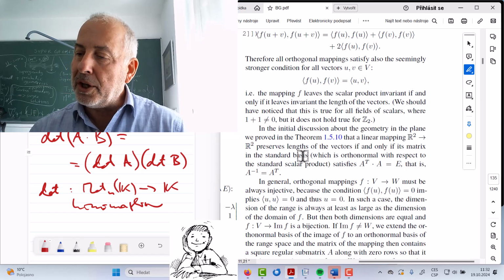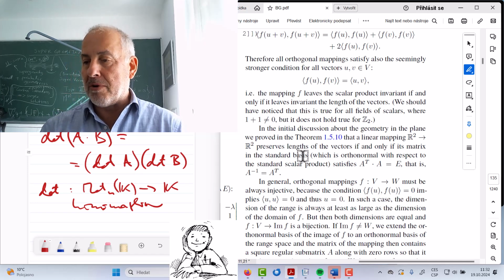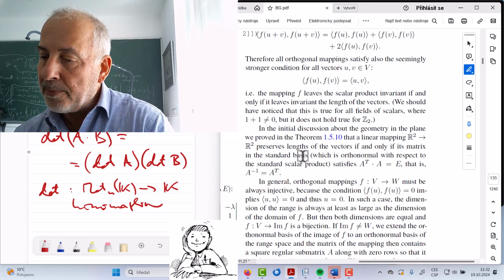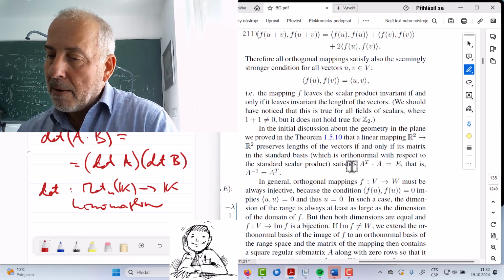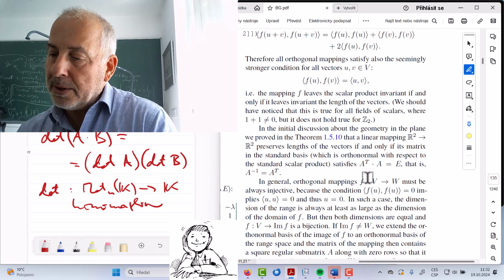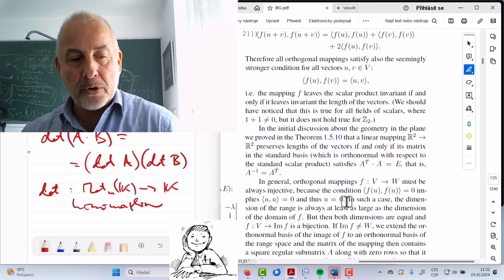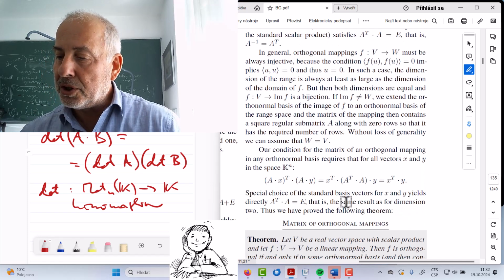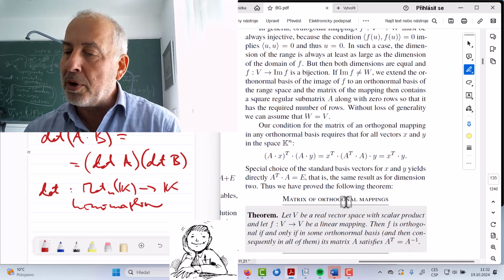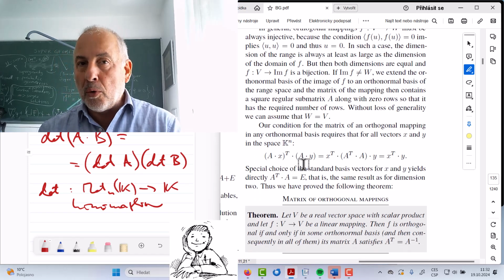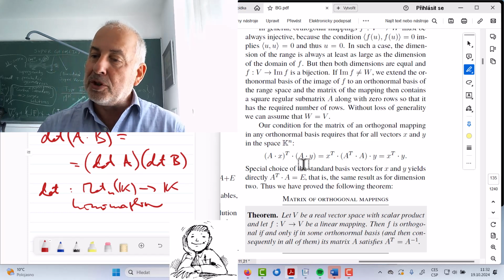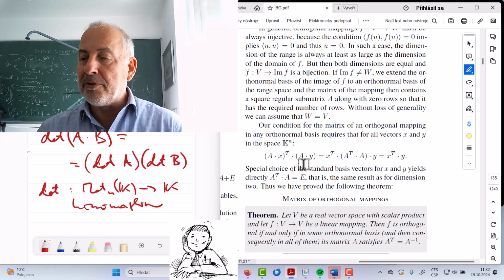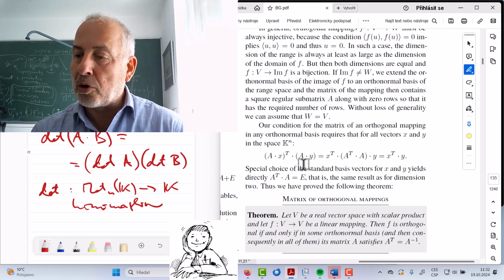If you look at the way how we write it, then it's obvious that the same thing as in the plane will work in the general space as well, because in the orthonormal coordinates, we know already from the previous discussions this week that in every such space we can find an orthonormal base, right?